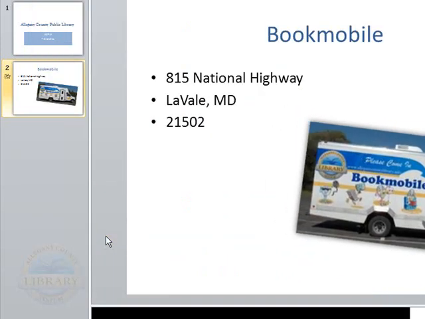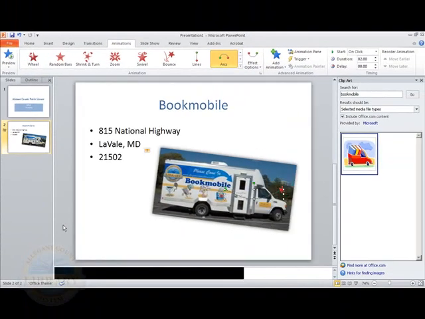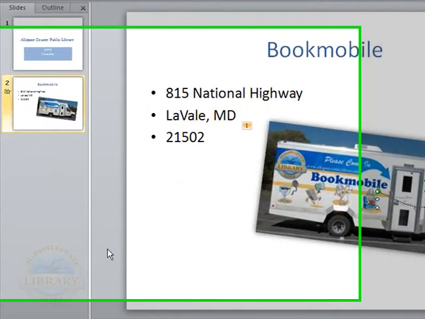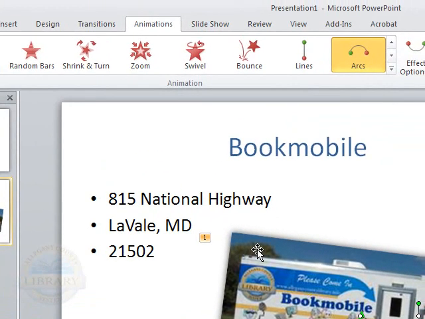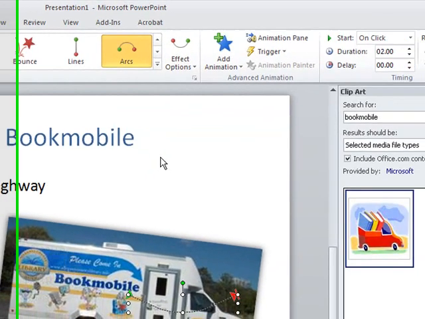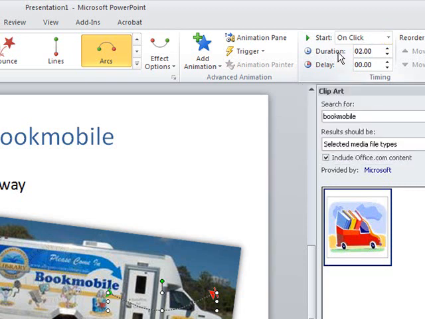So I'm going to choose an arc for this to actually see the bookmobile moving. As you can see, it's placed a little number. This is our first animation. You can also choose the duration or the delay. So we can slow that down. We can have it last a little bit longer by clicking on the up or down arrows.